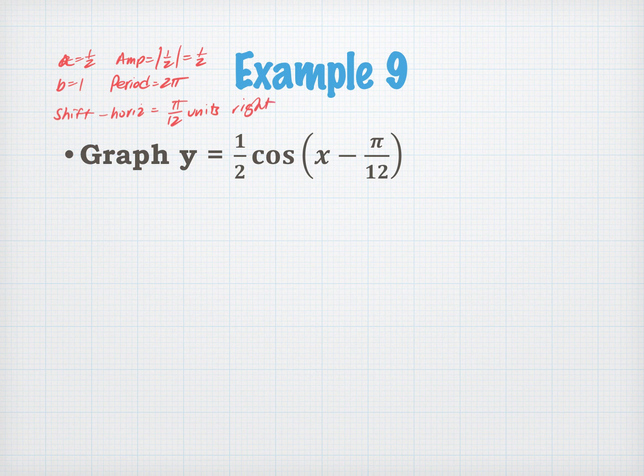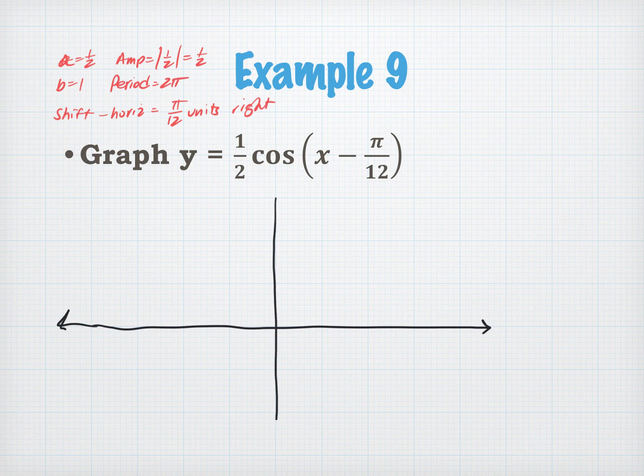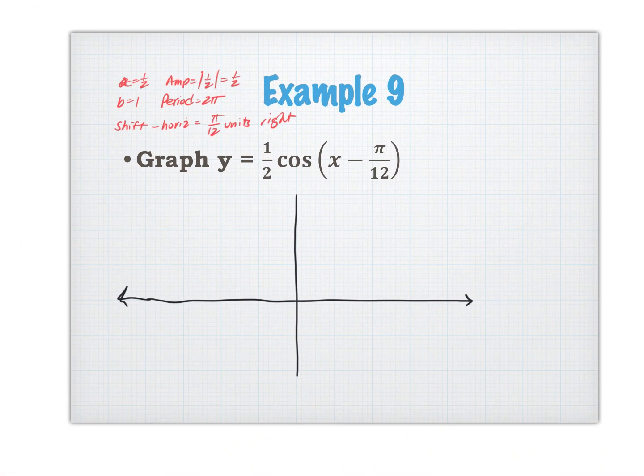Okay, so when I come over to here, I initially start with my graph. And again, let me see which method I choose. Maybe I'll do this one, Miss Ferrier's method. I know that I'm shifting pi over 12 to the right. So again, I know what my originals are. Pi over 2, pi, we've got 3 pi over 2, and we have 2 pi.